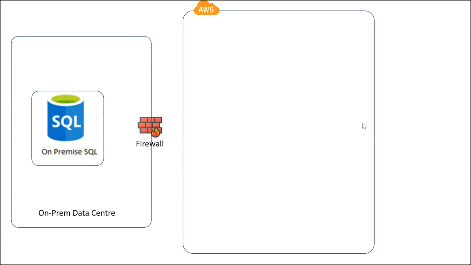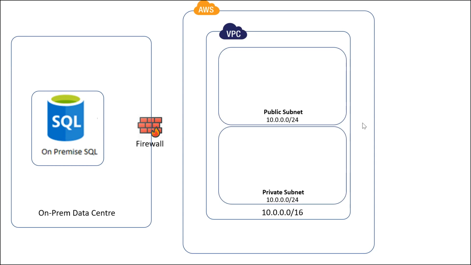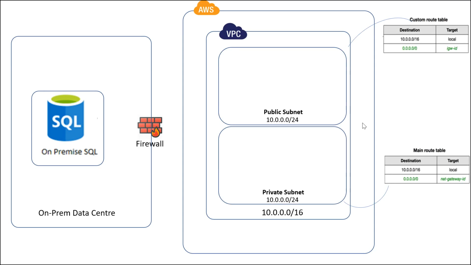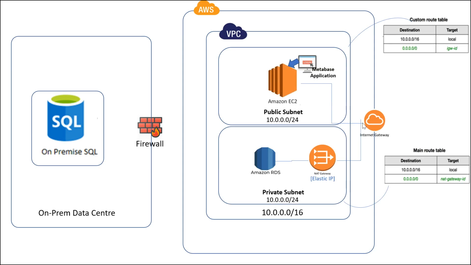The idea would be to set up the AWS environment under a VPC with public and private subnet, configure the route tables, configure internet gateway, NAT gateway, set up the EC2, install the Java application Metabase, run it on the EC2, which is on the public subnet, configure the VPN settings on EC2 so that it can access the SQL on-prem data center through the firewall, and that's it. So that is what this demo will comprise of.